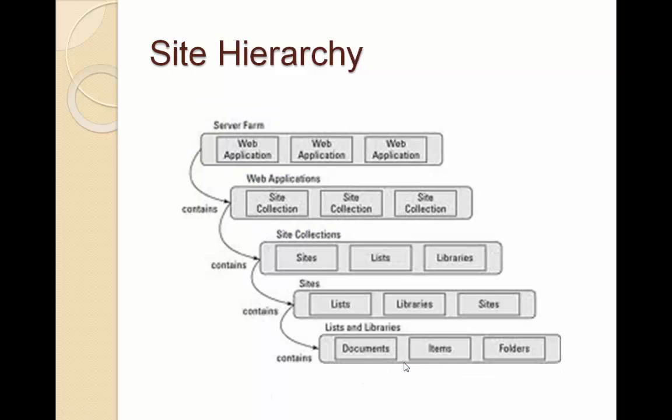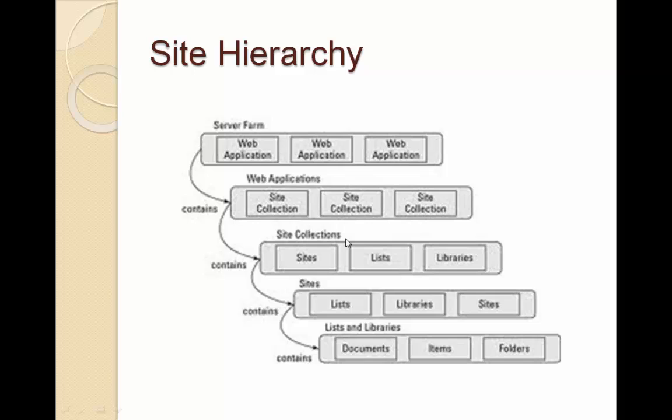This is another view of the site hierarchy. This is the server farm, and a server farm can have several different web applications. Every single web application contains several different site collections. Every single site collection contains several different sites along with lists and libraries. And this basically is the top-level site. A site collection by itself does not contain anything which you can view in a browser.